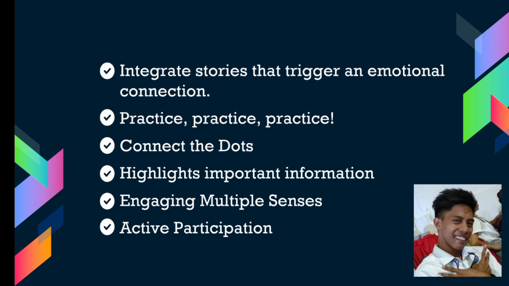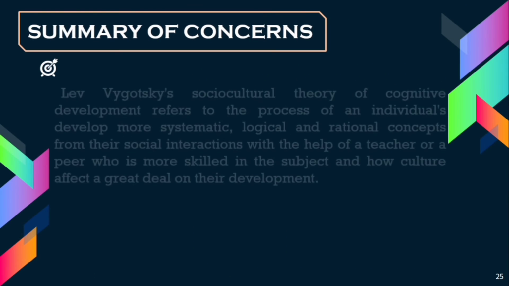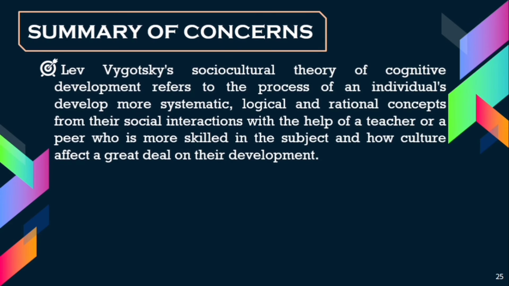Thank you. For our summary of concerns, first, we have Lev Vygotsky's sociocultural theory of cognitive development, which refers to the process of an individual developing more systematic, logical, and rational concepts from their social interactions with the help of a teacher or a peer who is more skilled in the subject, and how culture affects a great deal their development.